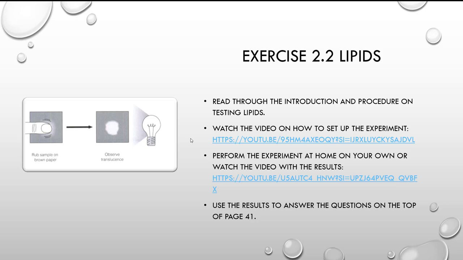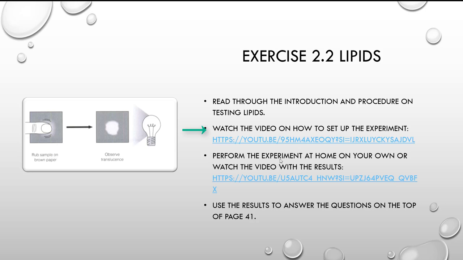And then moving on, in exercise 2.2, we're measuring for the presence of lipids. This one's a pretty easy experiment. So basically we're looking for if it's translucent or not when we put the sample on a piece of paper. So if you hold it up to the light and you can see through the paper, that indicates the presence of a lipid. So you'll see how that experiment is set up through a video.